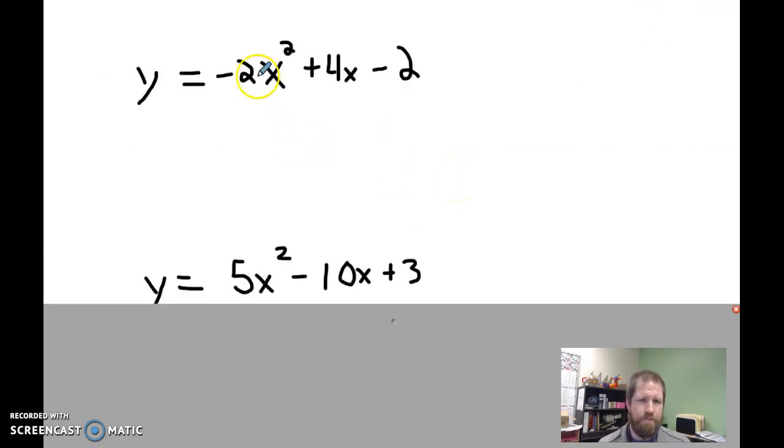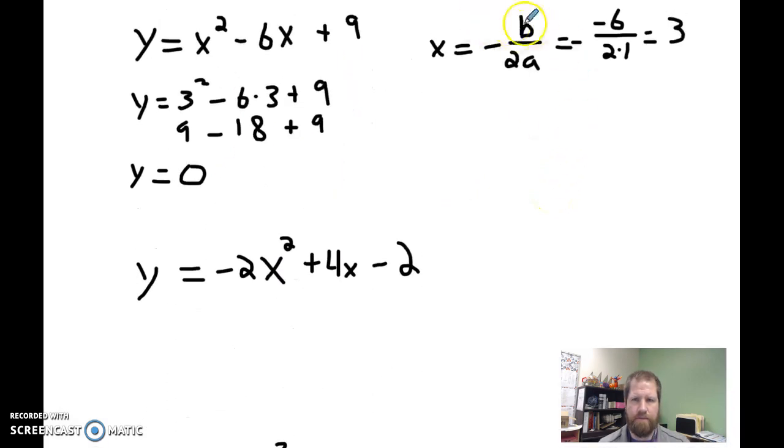So start off with the axis of symmetry formula. I've got x is equal to negative 4 over 2 times negative 2, which is going to be negative 4. So I'm going to have a 4 over negative 4, which should equal a positive 1.